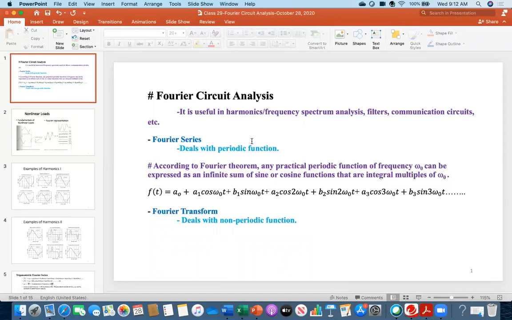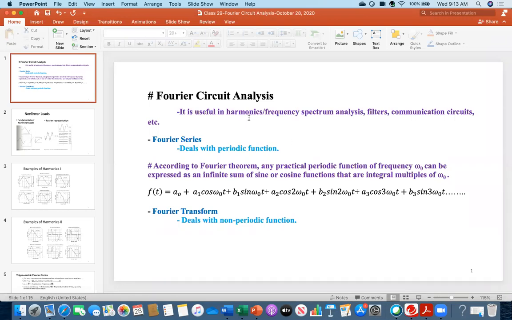Now, what is the application? In terms of application, as I mentioned, those are useful in harmonics or frequency spectrum analysis, in filter circuits, in communication, electrical circuits, etc. So this means that for a circuit, you have applied a sinusoidal signal or another form of signal, but the signal might not be sinusoidal, or it might look like sinusoidal but there can be some impurity. There can be some noise or oscillation, which are called harmonics.